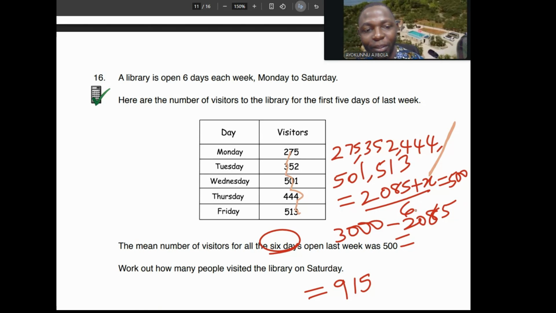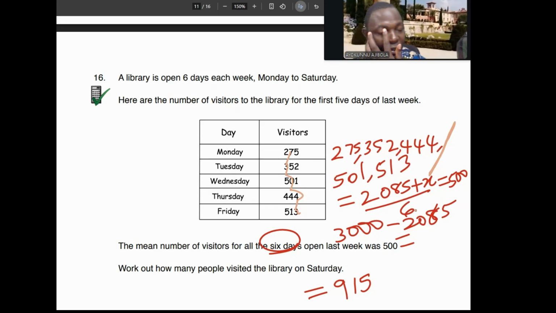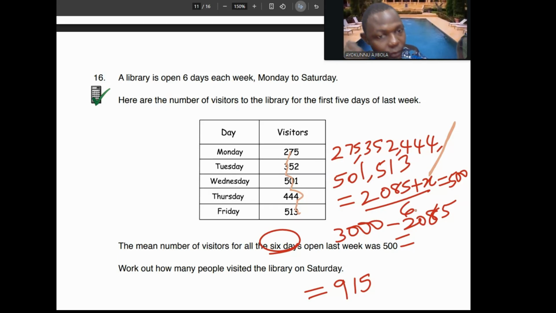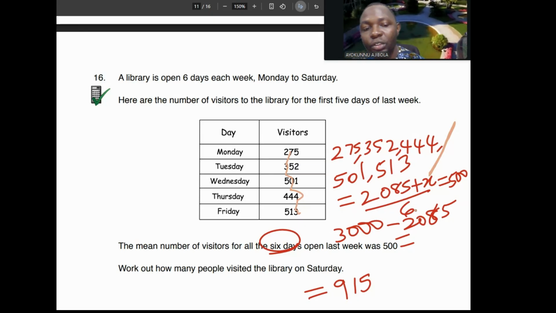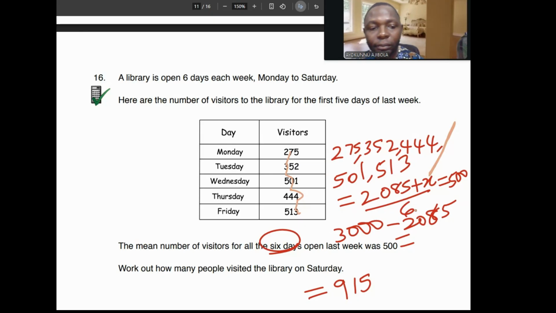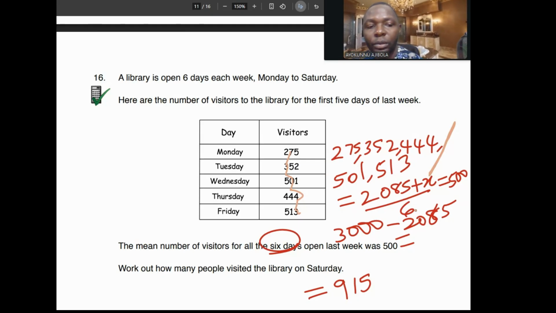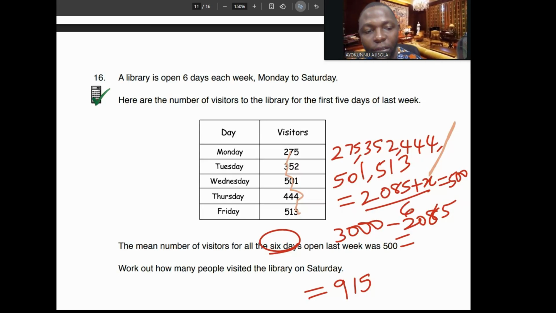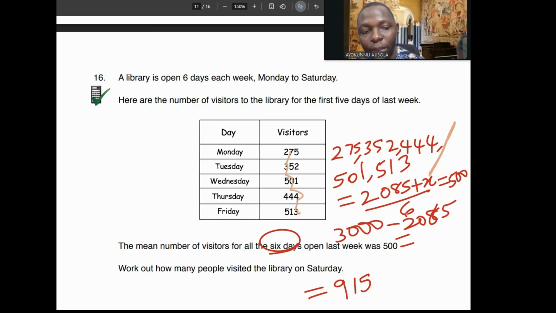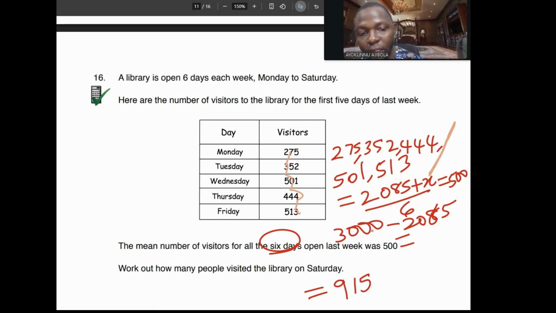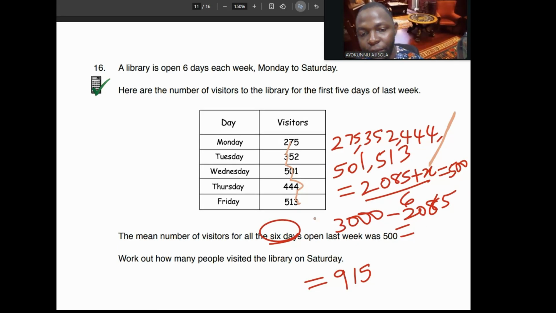When you add Saturday, you have 6 data. What you added is just the sum of 5 data. I see. So you can find the sixth one when you cross multiply 6 and 500 to get 3,000. Then you remove 2,085 from 3,000 to get 915.